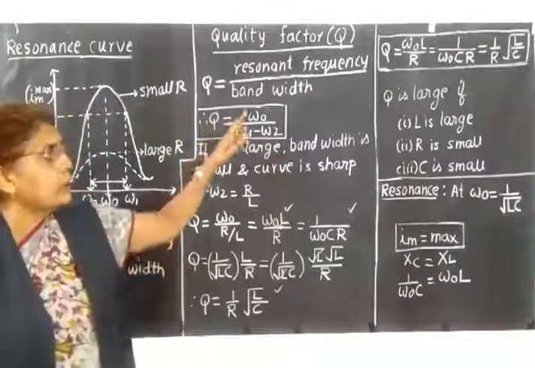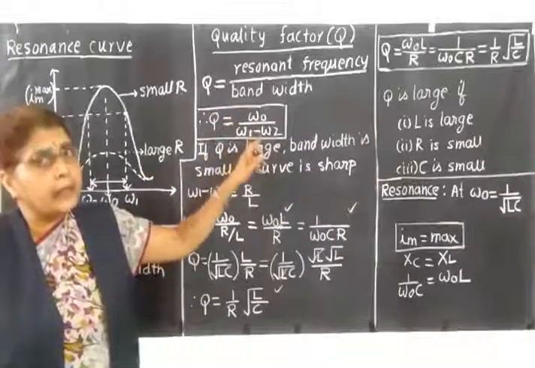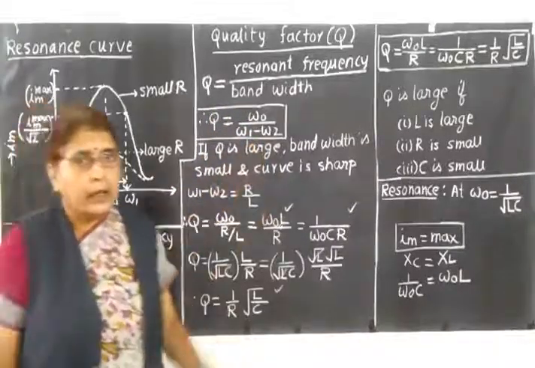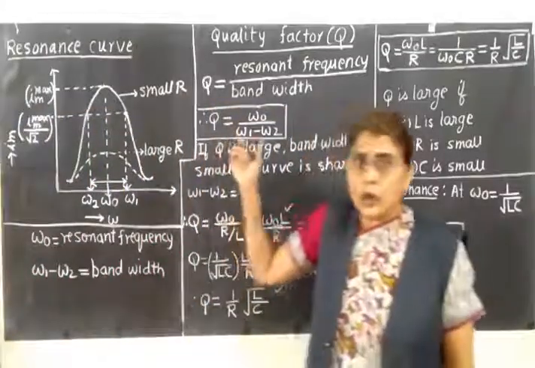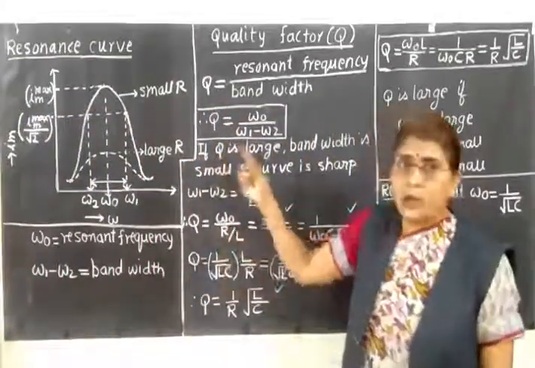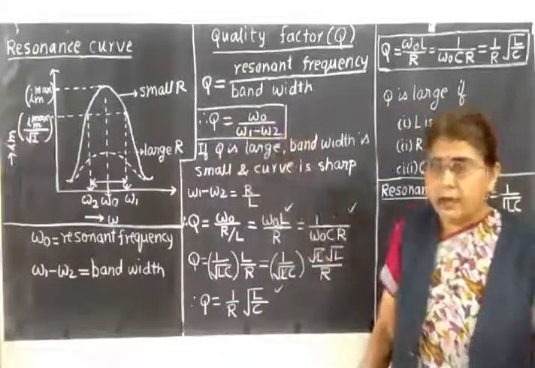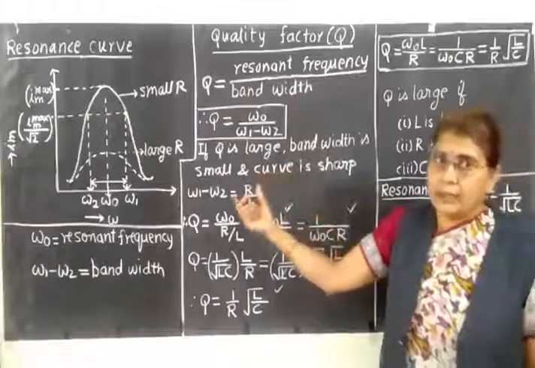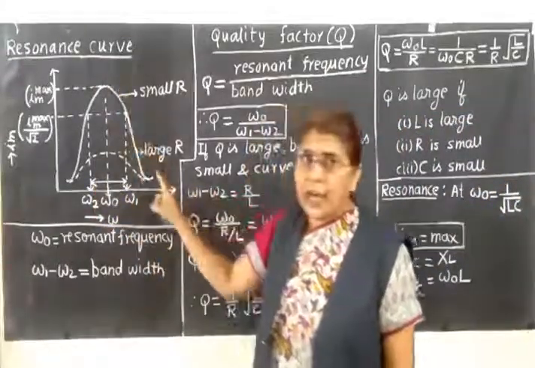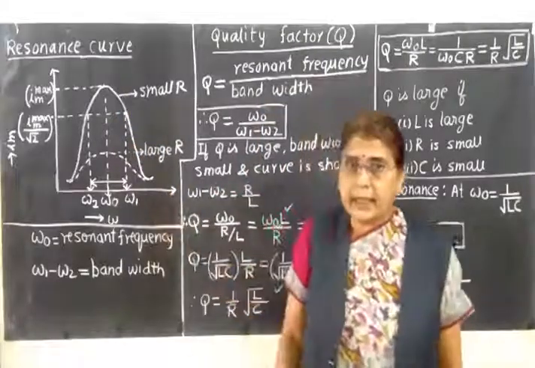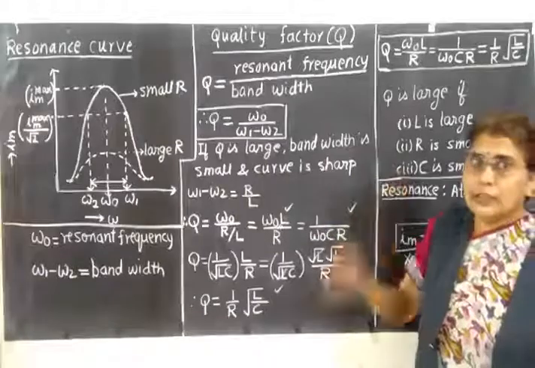Therefore, Q is equal to omega 0 divided by omega 1 minus omega 2. Now, to have a sharp resonance, the Q value should be large. So, when is the Q value large? Q value is large if the denominator is small, that is, the bandwidth is small. And if the bandwidth is small, the curve becomes very sharp like this. The meaning is the Q value measures the sharpness of the resonance curve.